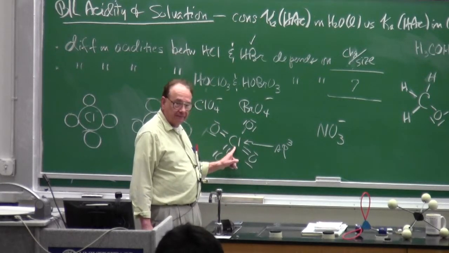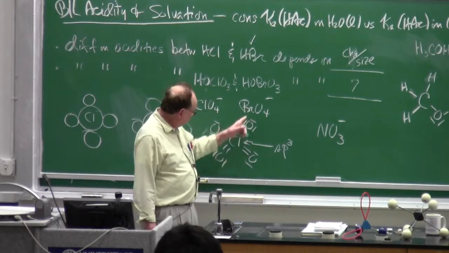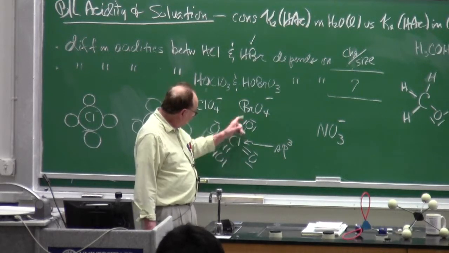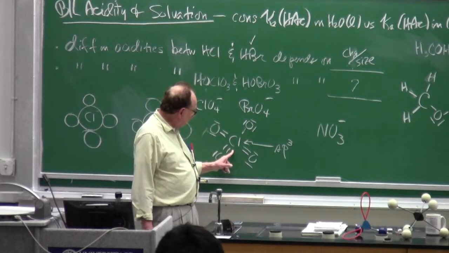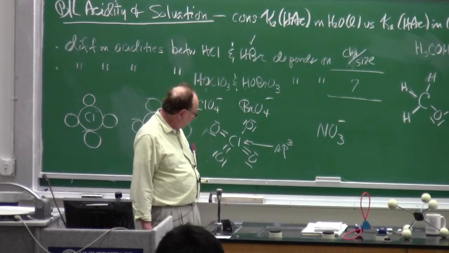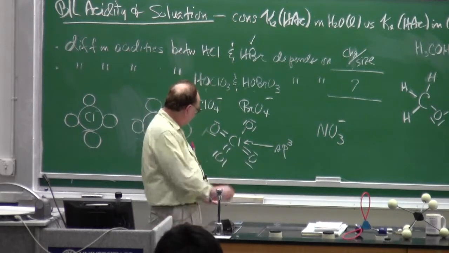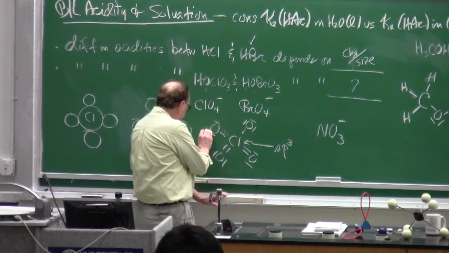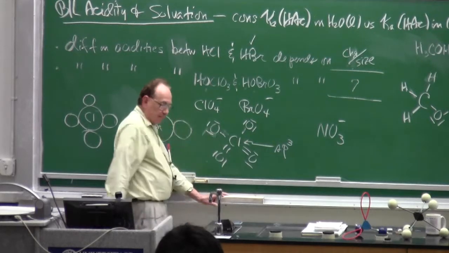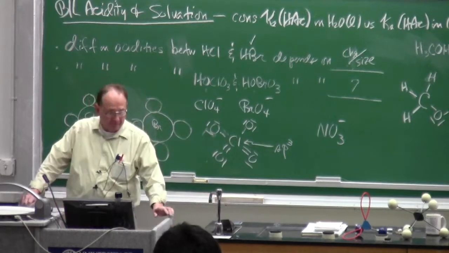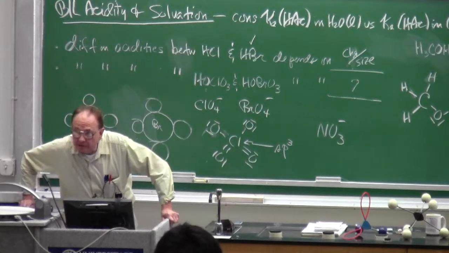If chlorine, or bromine if I turn this into bromate ion, perbromate ion, if chlorine is going to be able to participate in multiple bond formation with oxygen atoms, can the chlorine atom use valence p orbitals to do this?